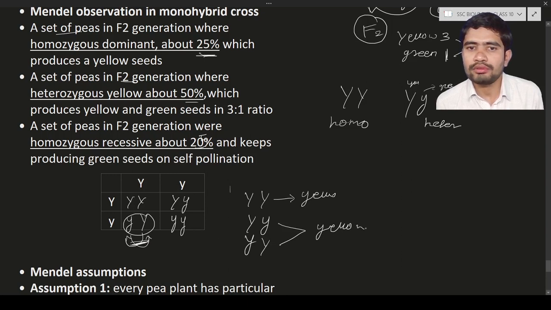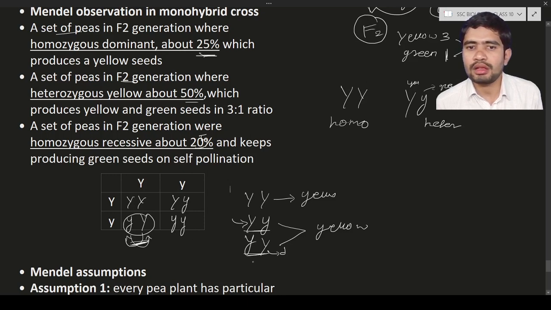Because in these two genes, one gene is dominant. Capital Y refers to yellow. Due to the presence of the dominant gene, the seeds will become yellow, and the green is recessive. Small y refers to the recessive, which means it will not be expressed. So only the yellow color will be produced in the seeds.